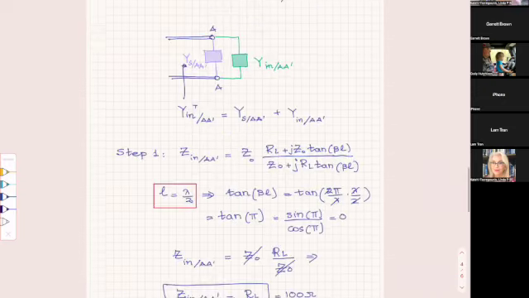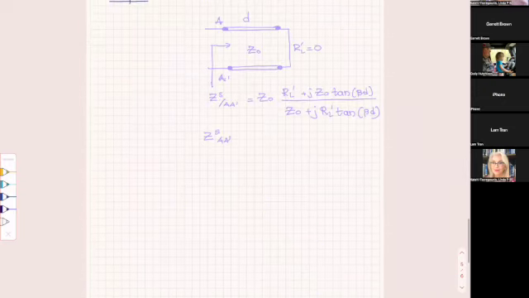Let me see how I have it. Yes, I have Z sub S in the denominator somewhere. It's here. The numerator is j Z naught tangent beta D, and in the denominator is Z naught because the RL prime goes to 0.